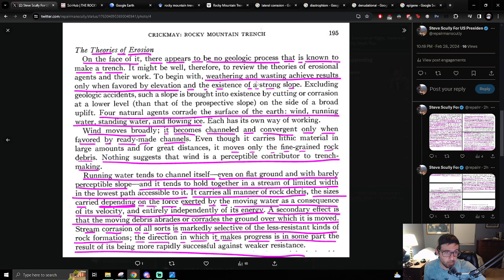To begin with, weathering and wasting achieve results only when favored by elevation and the existence of a strong slope, unless current flows are really potent, like cut through. Is that a mountain? I didn't even notice. Who cares? I got so much pressure behind me, I'm going.